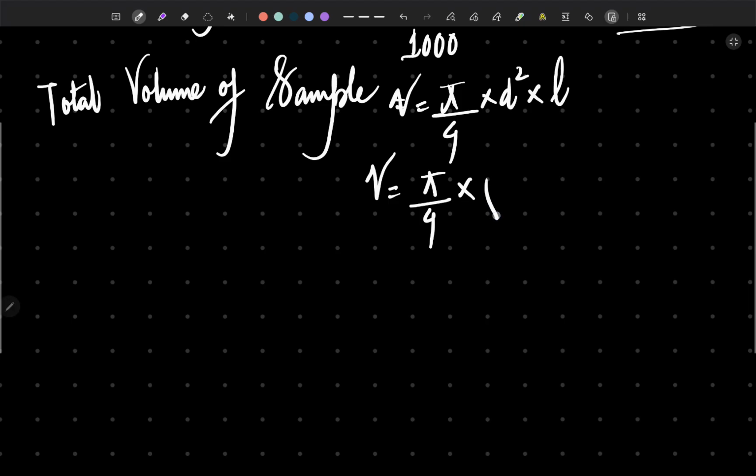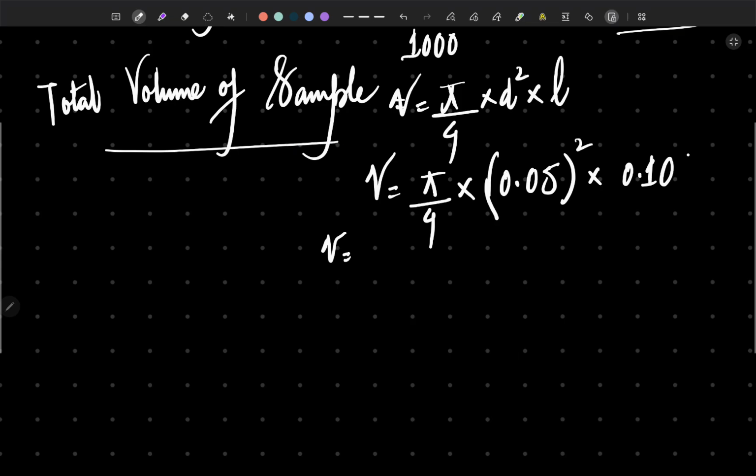So this is 50 mm, which is 0.05 meters. Alright. Length is 100 mm, that is 0.10. By calculations, the total volume of this cylindrical specimen comes equivalent to 196.35 into 10 raised power minus 6 cubic meters. This is the total volume of this cylindrical sample.